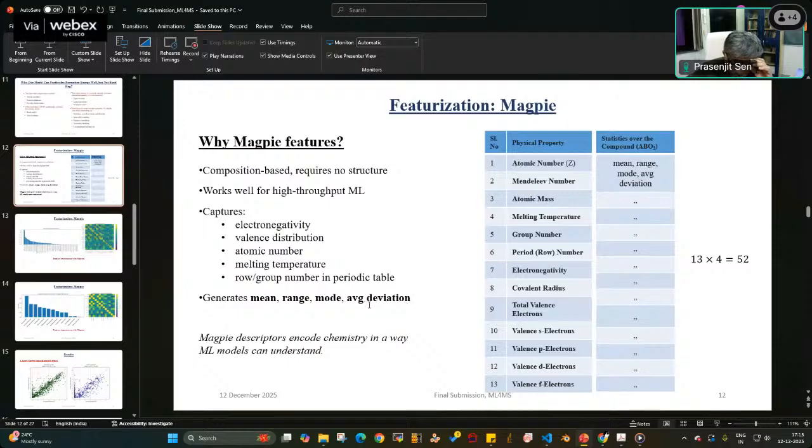For any quantity you are constructing these four statistical functions and using those as your features. Now, when you say group number has the largest importance, what of group number? Is it the mean group number, range of group number, mode, which one?